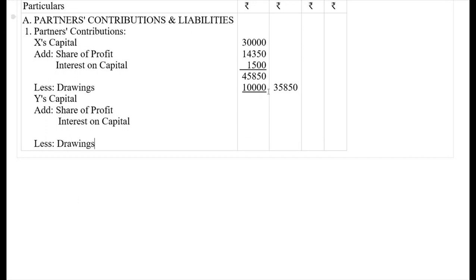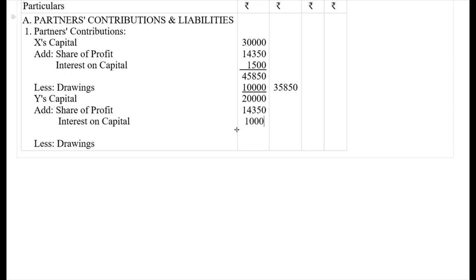So now let us take Y's capital here. Y's capital is given in the trial balance as rupees 20,000. Then we should add share of profit, which I have found here as 14,350. Then interest on capital, which I calculated in the income statement as rupees 1,000.